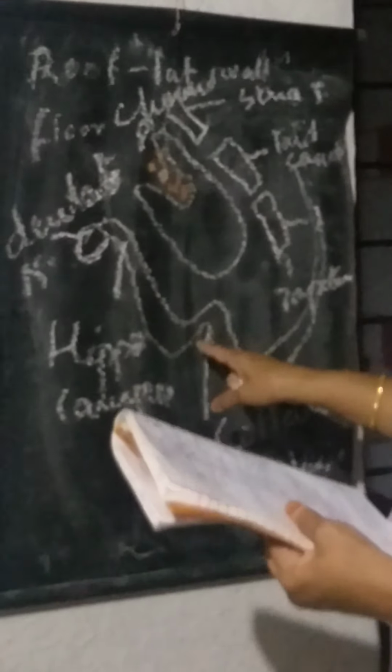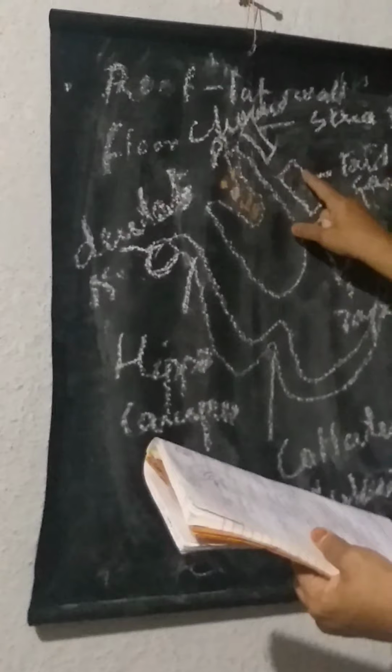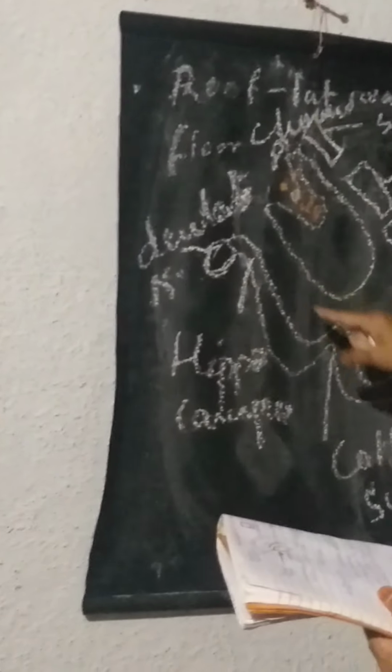So to repeat again, the roof is formed by the stria terminalis, the tail of the caudate nucleus and the tapetum, and the floor is formed by the choroid plexus, the hippocampus, and the collateral eminence of the collateral sulcus.